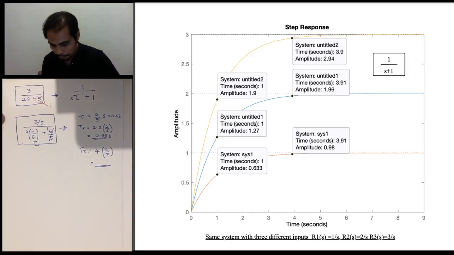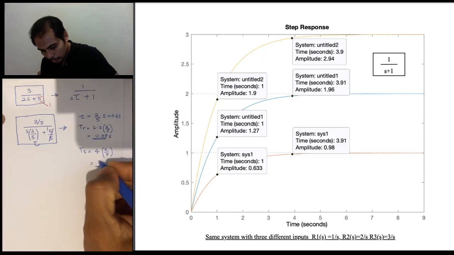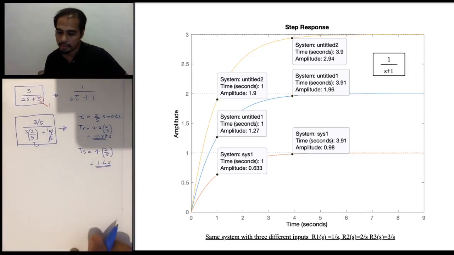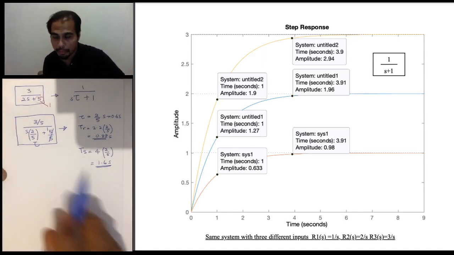Ts is 1.6 second, right? So we have all these parameters.